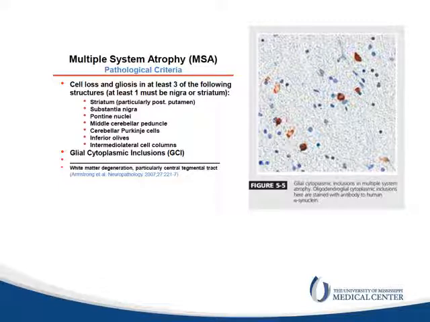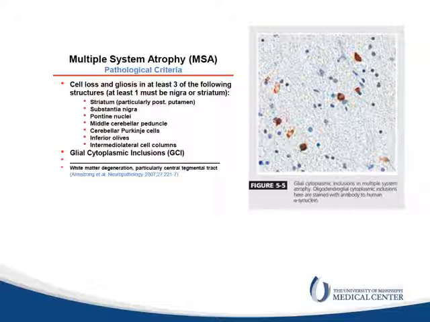Pathologically, MSA can be defined by neuronal loss and gliosis in at least 3 of the following structures: striatum, substantia nigra, pons, middle cerebellar peduncle, cerebellar Purkinje cells, inferior olive, and the intermediolateral cell columns.